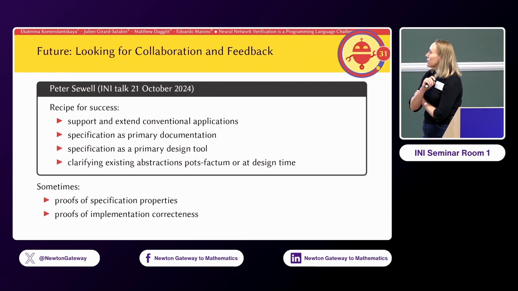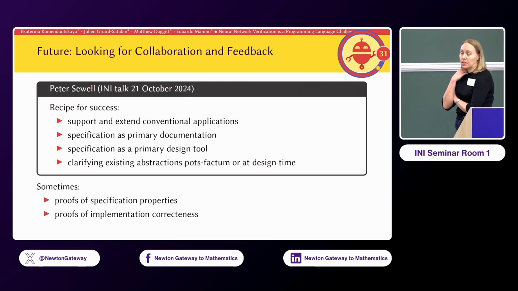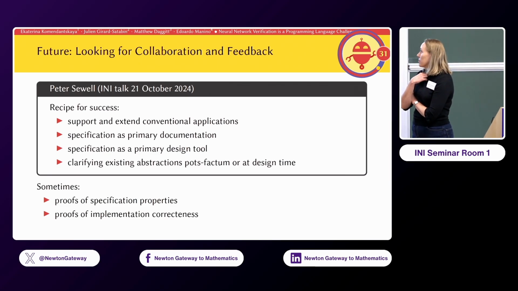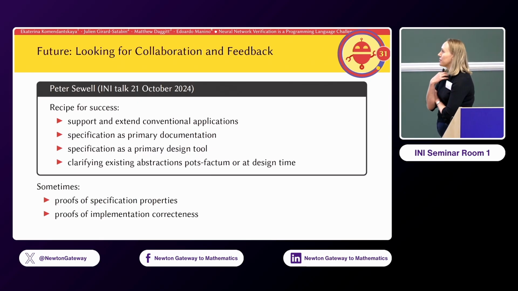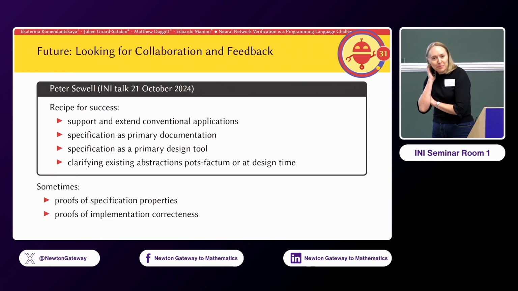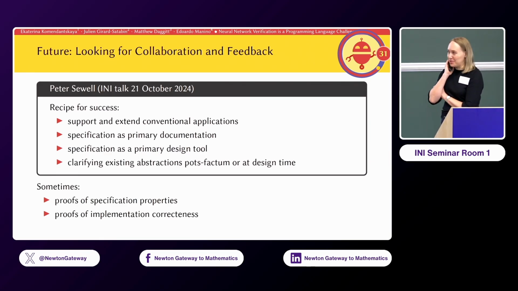So we try to be faithful to this. Specification is primary, documentation is, again, pretty much Vehicle, and specification is primary design tool, the same. And hopefully we're also trying to clarify existing abstractions. So I was looking at it and thinking, well, we intuitively probably made pretty much same choices that Peter recommends we should have.